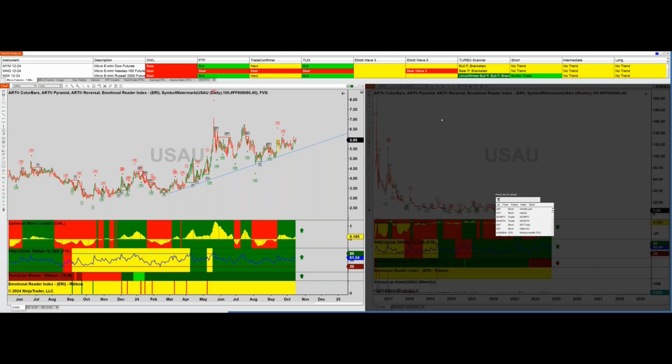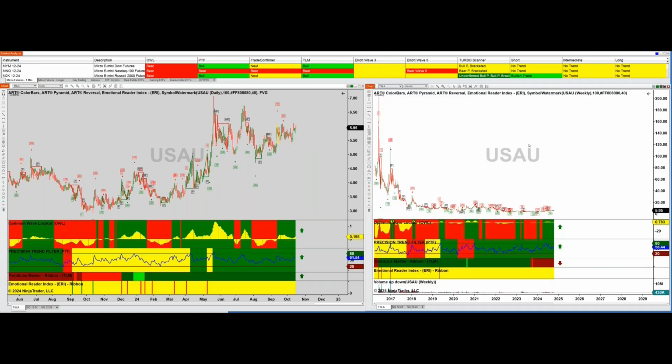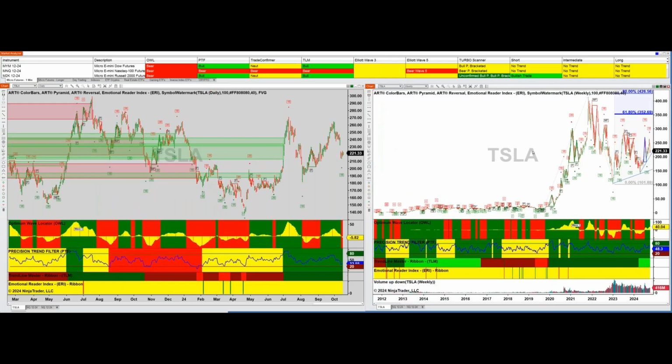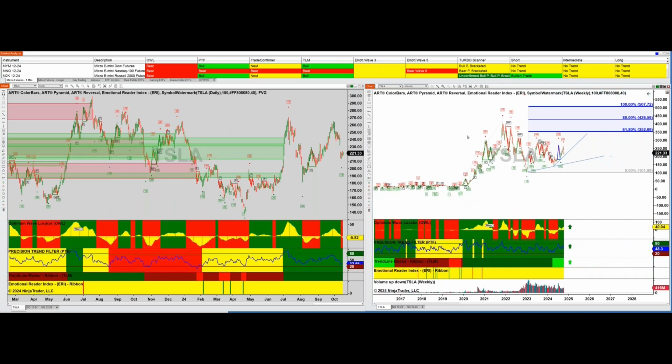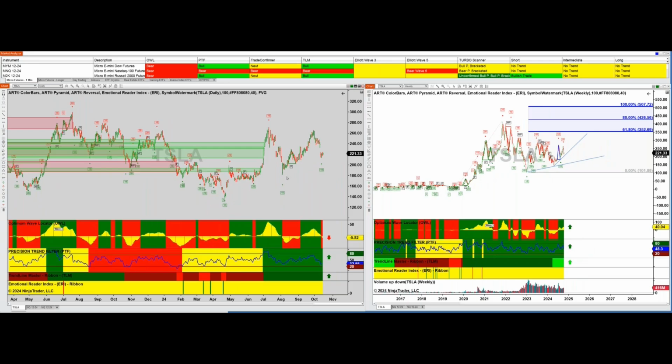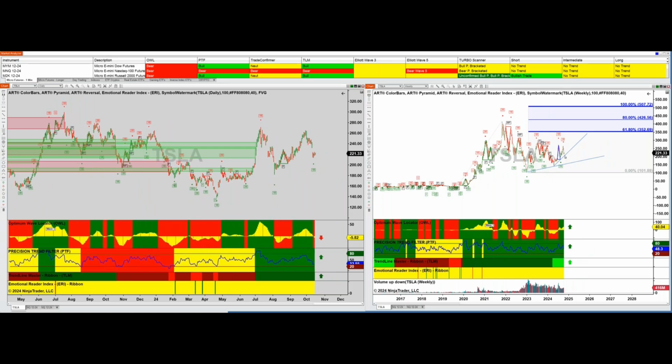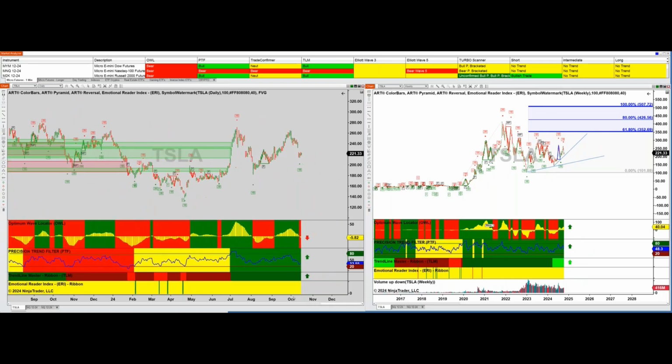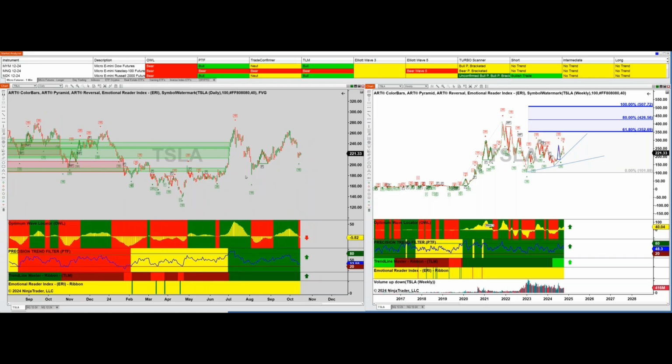All right, you can have Tesla here. That has a little more action. So we think it's going up here. We had some pullback here, still pulling back a little bit, so we'll see. This area here, to me, could be a liquidity trap, so we could pull back down and then look for a buy up here.